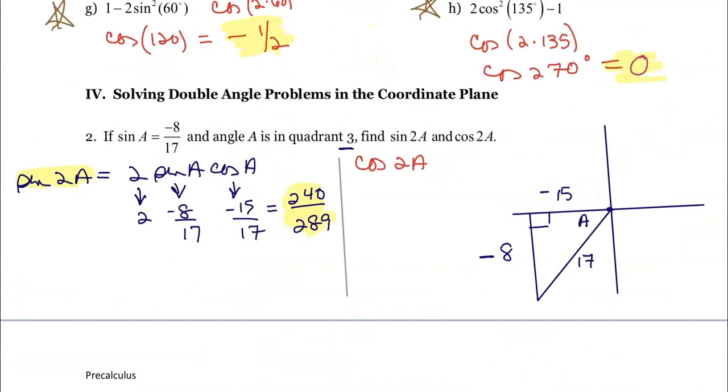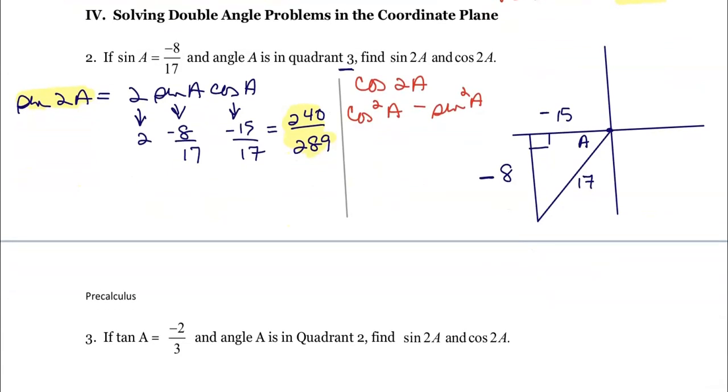So the first one tells me that I'm going to have cosine squared of A minus sine squared of A. Okay, so cosine squared of A. Well, I knew cosine of A was negative 15 over 17, so I'm going to square that and get a positive. Minus the sine of A, just reading from my other problem, was negative 8 over 17, and I'm going to square that.